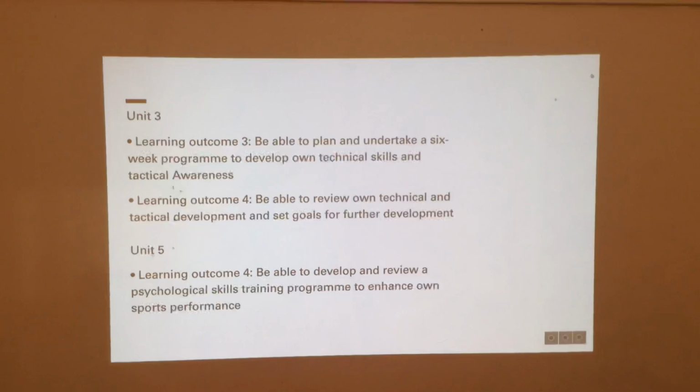You are going to plan and undertake a 6-week program to develop own technical skills and tactical awareness. You're going to review your own technical and tactical development and set goals for further development. You're also going to develop and review a psychological skills training program to enhance your own sports performance.